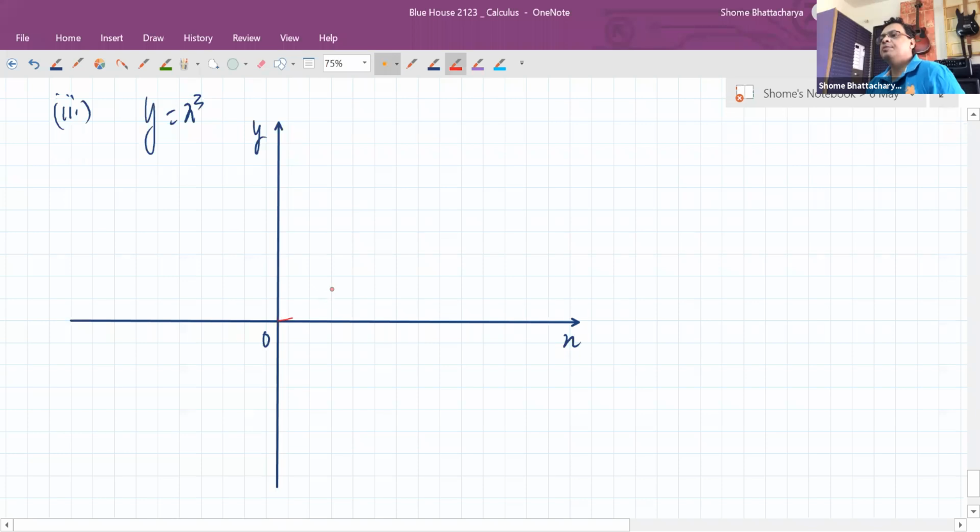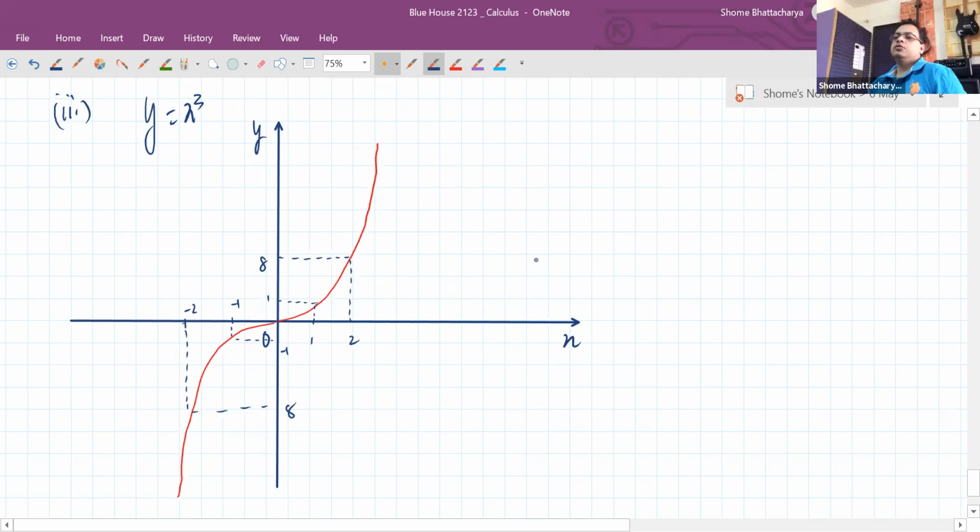It rises even more rapidly compared to the y is equal to x square graph. But on the negative side, it is an inverted mirror image. So they're symmetrical values. And so on and so forth. Okay.